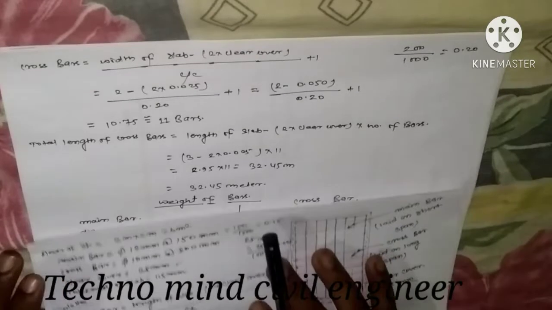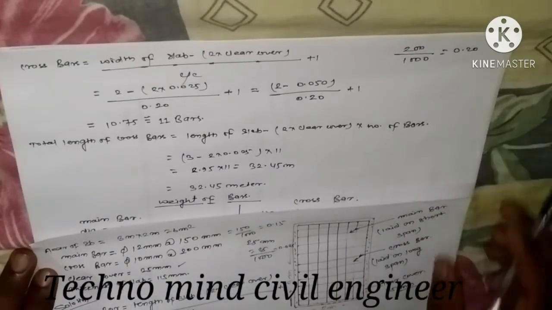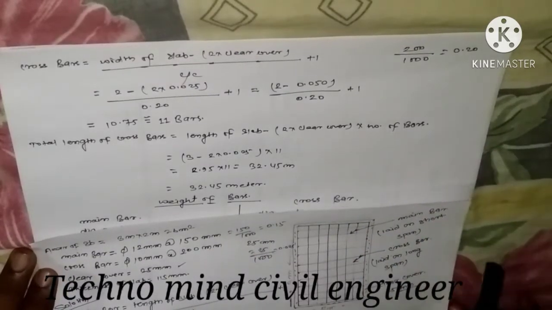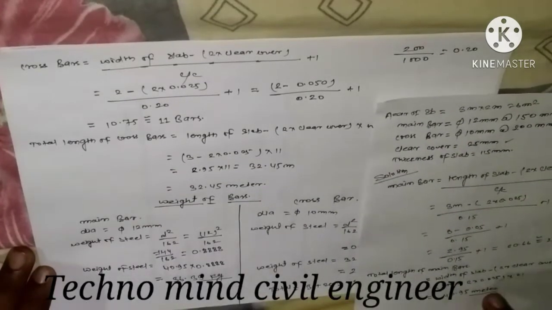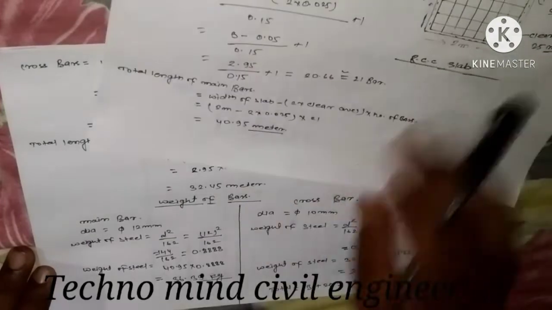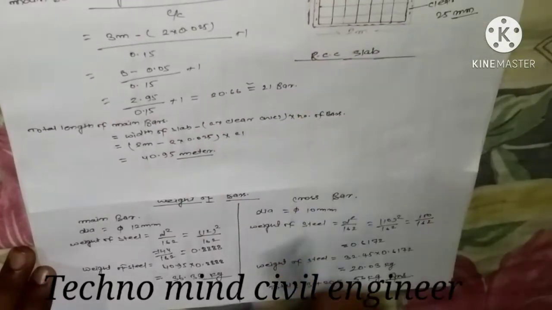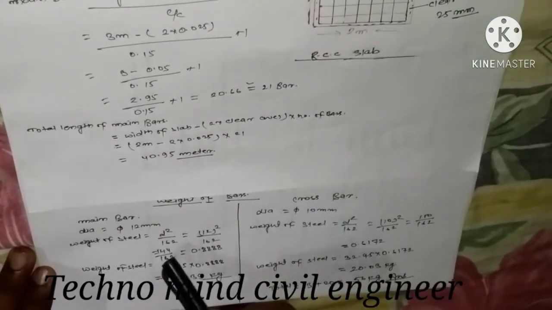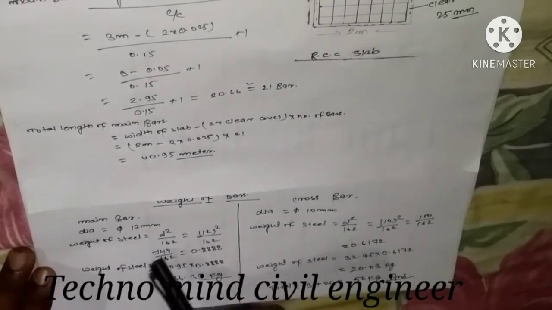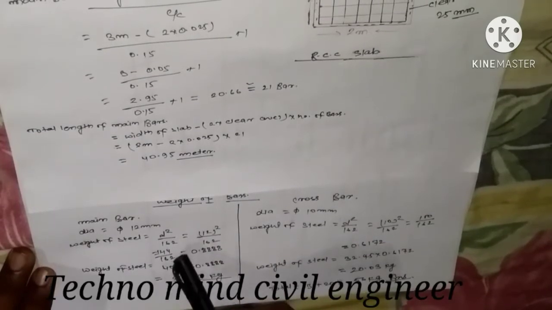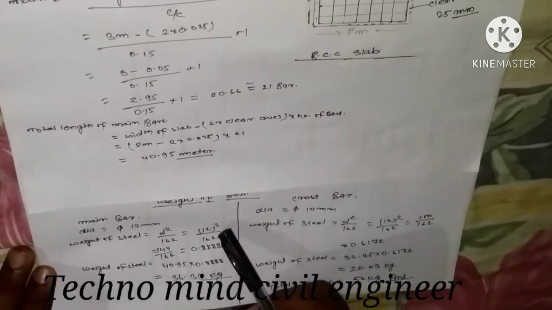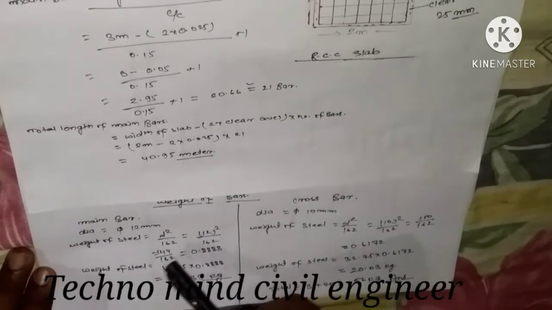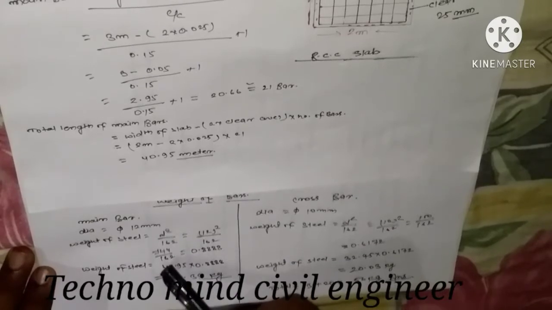Then, lastly, we calculate the weight of the bars. First of all, the weight of the main bars. The formula is d squared divided by 162. The main bar diameter is 12 mm, so 12 squared is 144, divided by 162, is equal to 0.888.